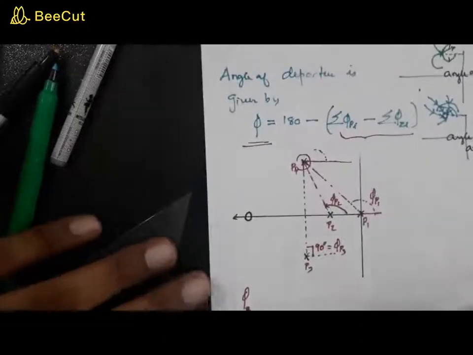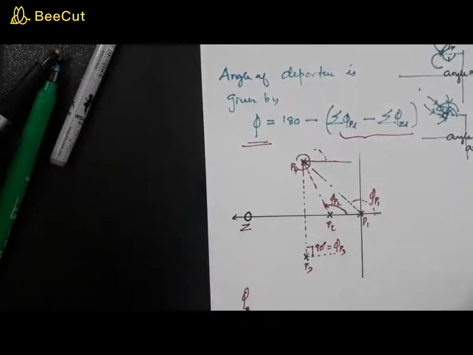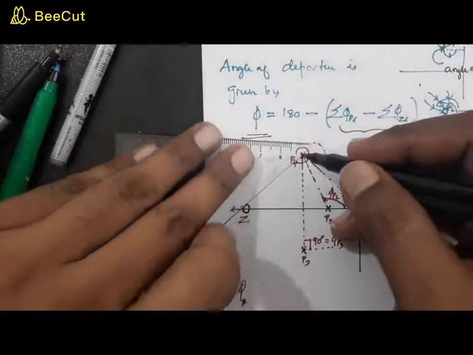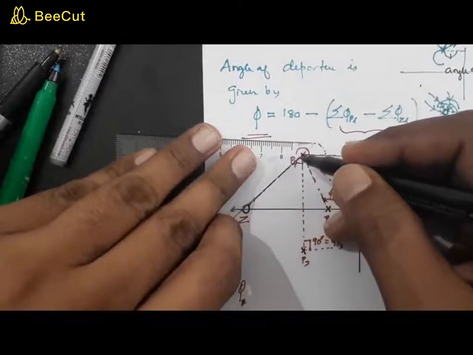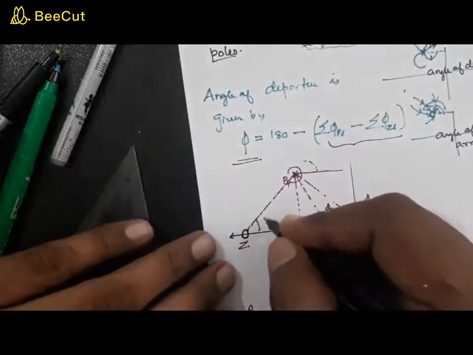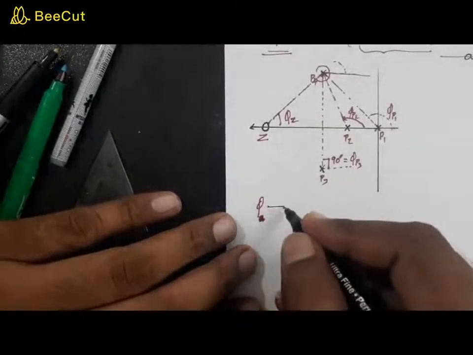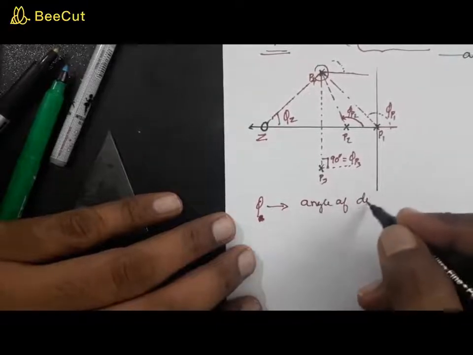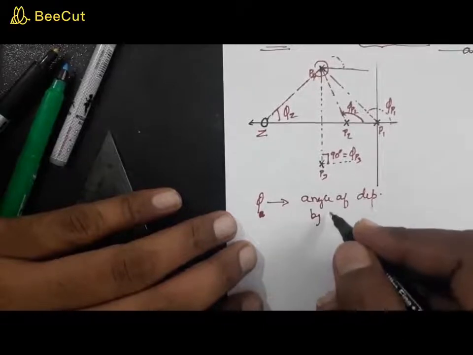Now you need to find out one more, which is, let us denote that as a zero, Z. Now this is the contribution by the zero, right? Call this phi Z. Now how to calculate this? Using this expression you can find phi, which is actually the angle of departure by P4.